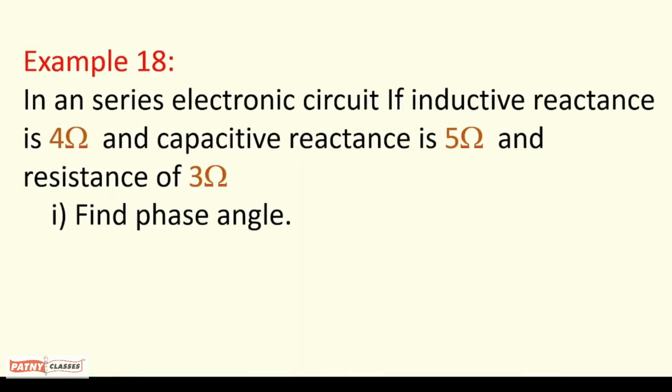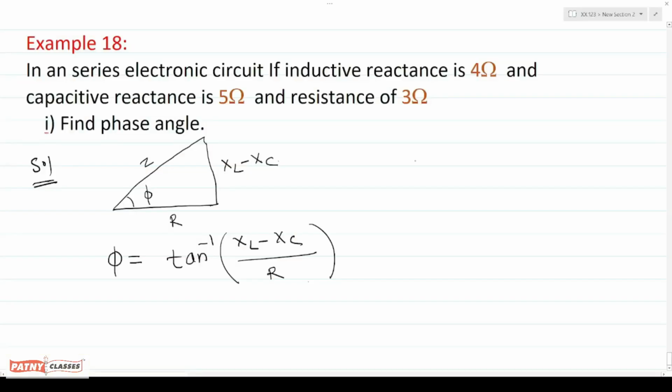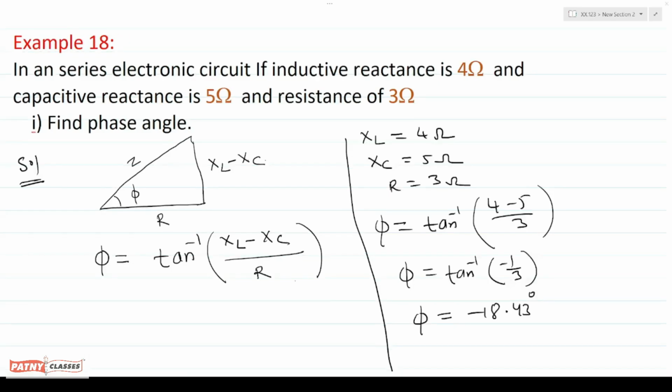Example 18. In a series electronic circuit, if inductive reactance is 4 ohms, capacitive reactance is 5 ohms and resistance is 3 ohms, find the phase angle. Here the phase angle is given by tan inverse of XL minus XC upon R. So phase angle phi equals tan inverse of XL, that is 4 minus 5, upon 3.